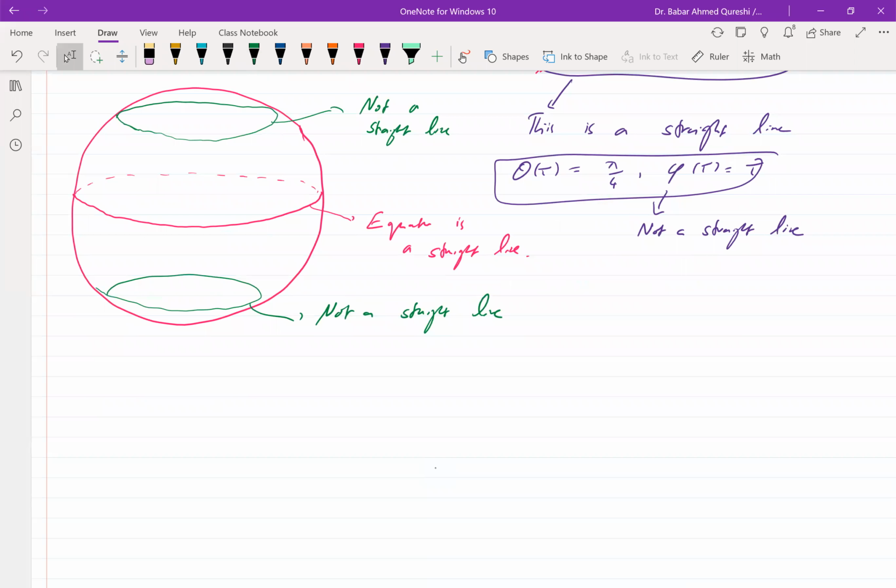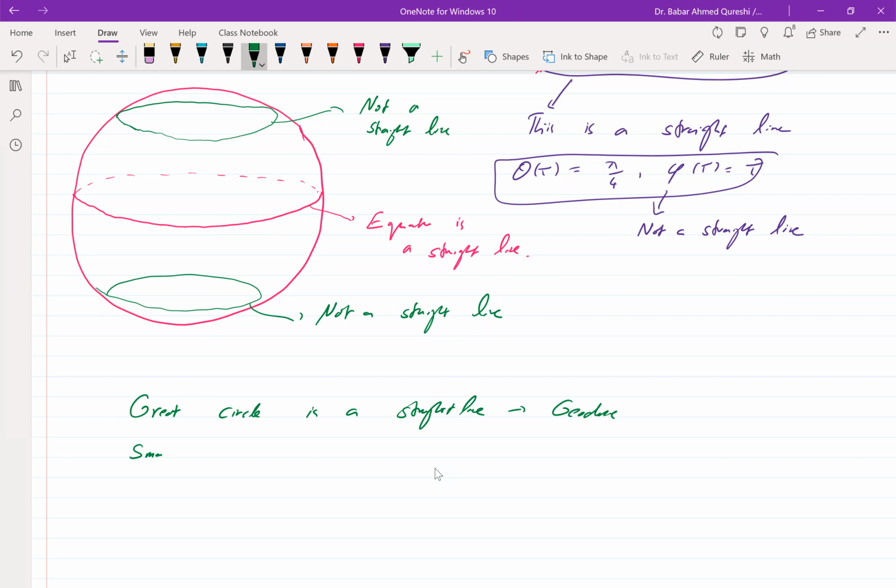So what is this equator? Equator is what you call a great circle. So the great circle is a straight line, or I should probably say a geodesic.